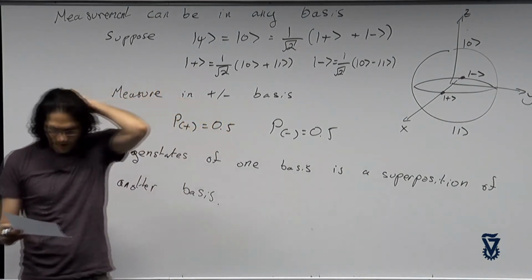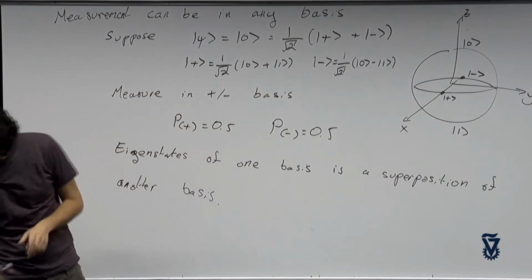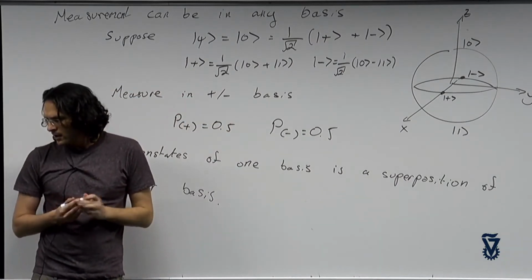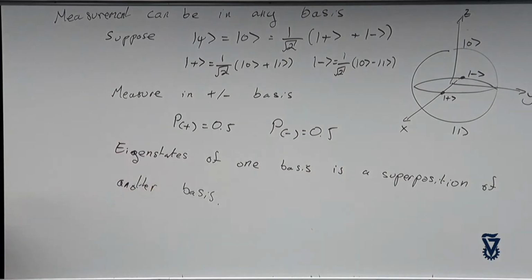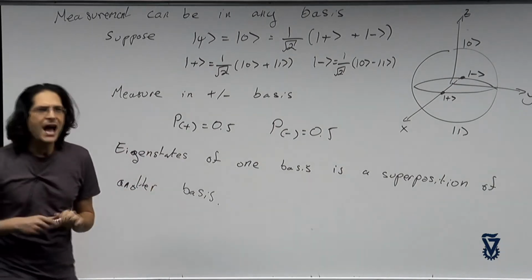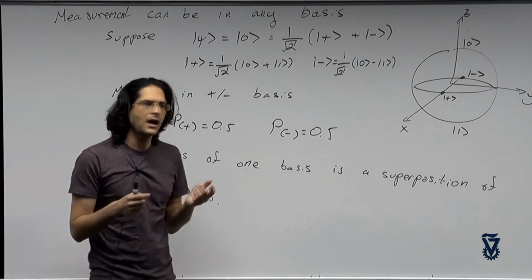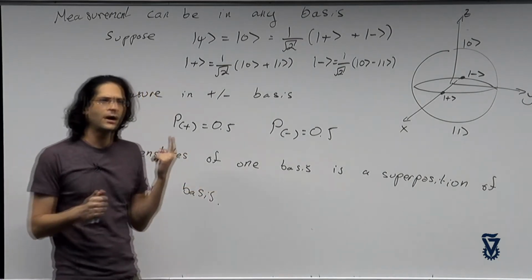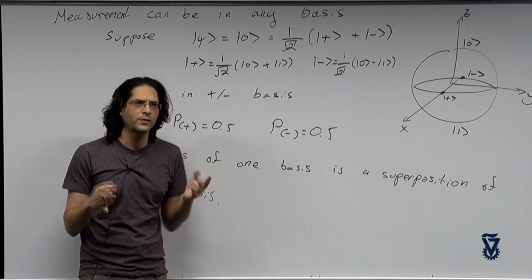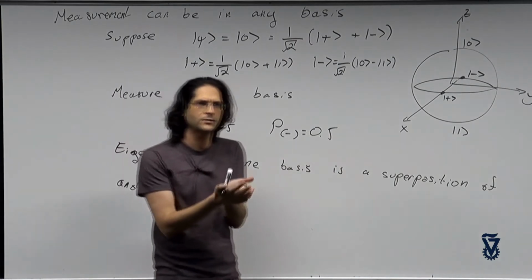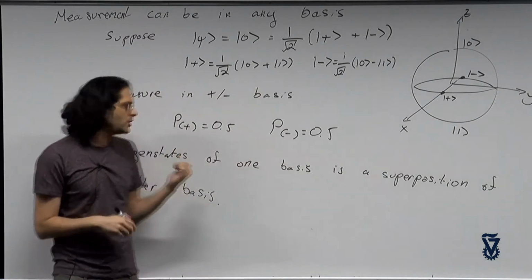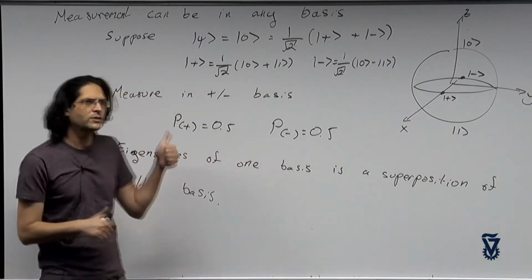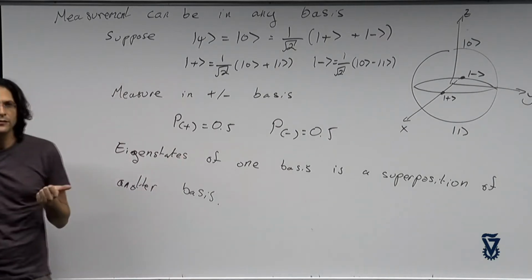Okay. So maybe I'll ask a quick question. Maybe you can vote on this. The question is, how much information does a measurement of a single qubit give us? We know that if we have a regular bit, a transistor, we measure, it gives us 0 or 1, that's 1 bit of information. If we measure a single qubit once, so we get one result, how much information is that?